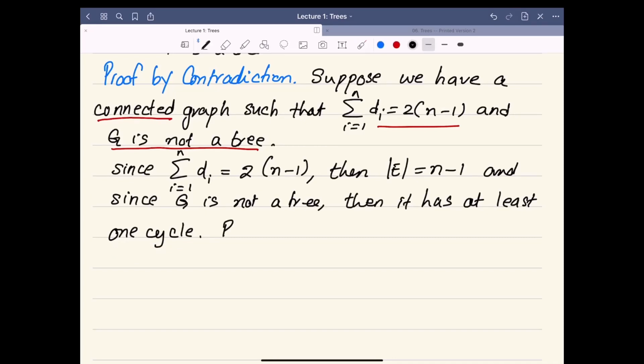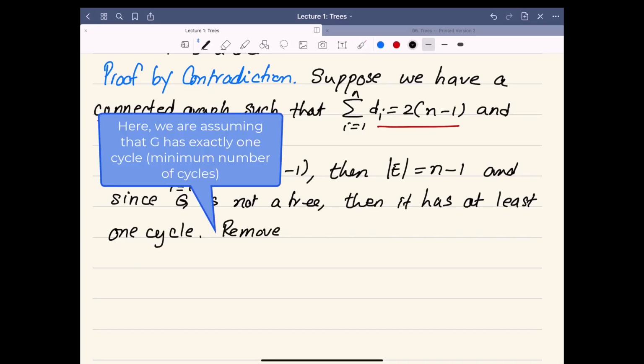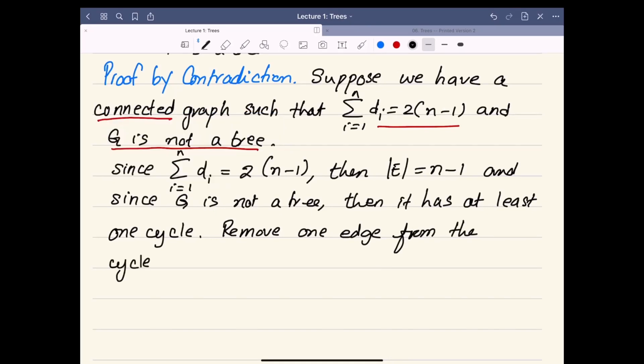Now, remove one edge from the cycle to make the graph free of cycles. So now we have a graph G. After we remove one edge, then it is free of cycles because we broke the cycle by removing this edge.